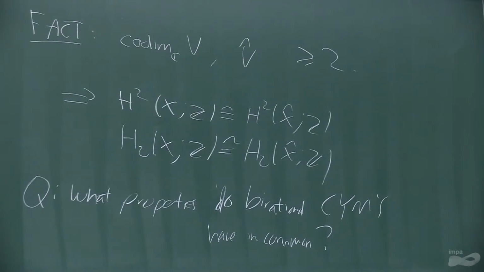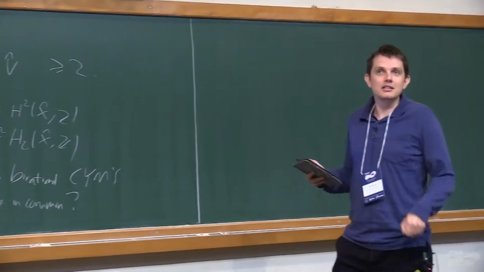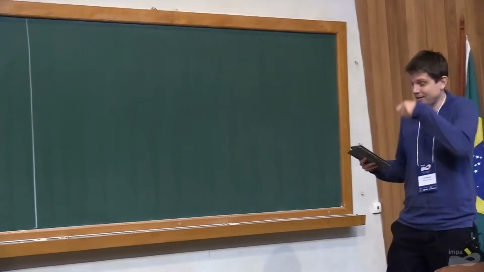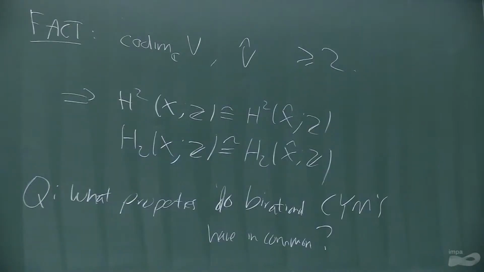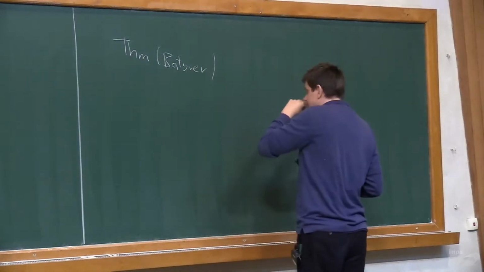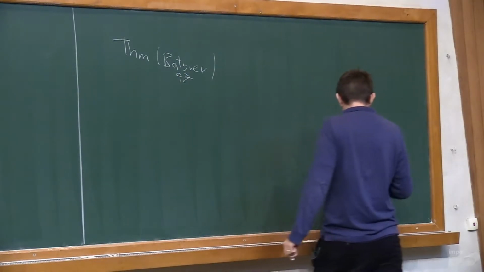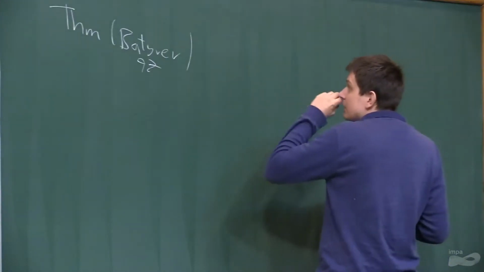But I'm sort of mainly just interested in sort of topological things, or sort of things like quantum products, which are sort of deformations of topological invariants. So there's a theorem by Batyrev, which says, this is in 97, which says they have the same Betti numbers.